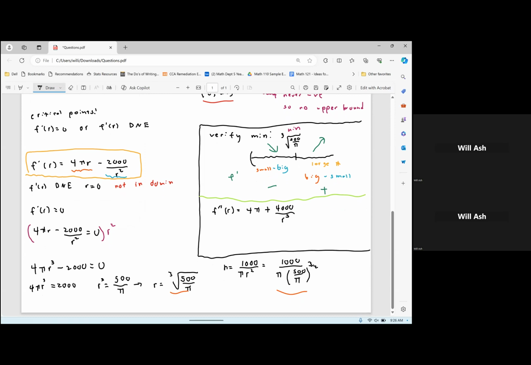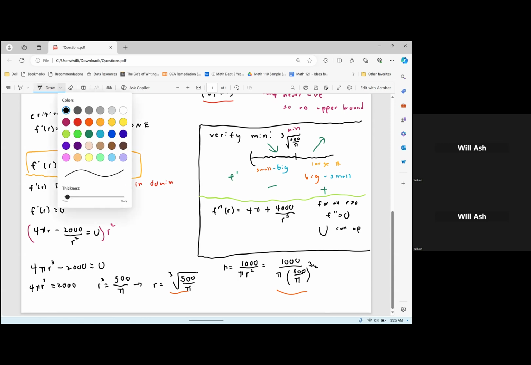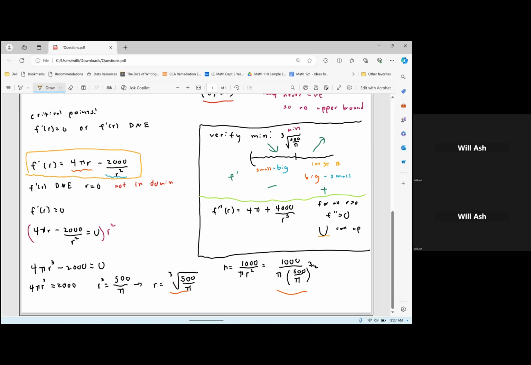And you'll notice for all positive r, which is the only r's we're interested in, this second derivative is going to be positive. And if the second derivative is positive, that means this function is always concave up. And if it's concave up, the one place where I had my critical value must have been a minimum.